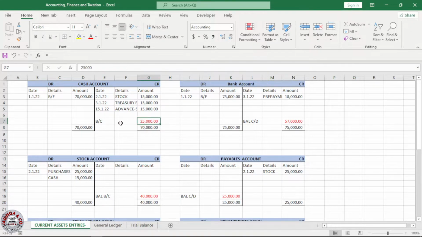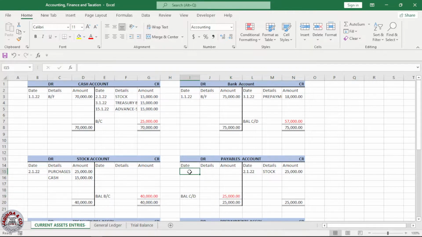So the balance carried down as an asset here is 25,000. The balance carried down here as a liability is also 25,000. Let's assume that now you want to debit the payables account. You want to reduce the value of the liability. So these are payables, and you need to pay this amount.